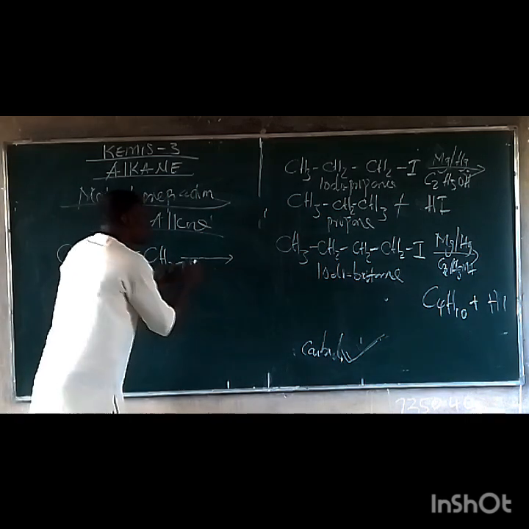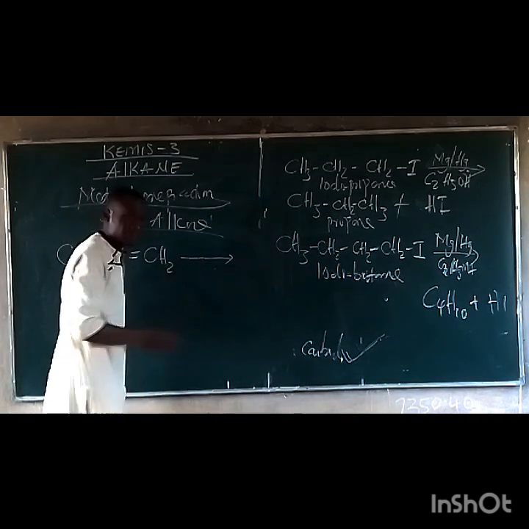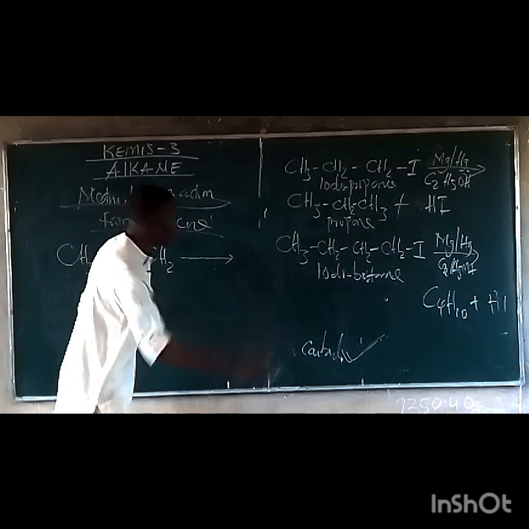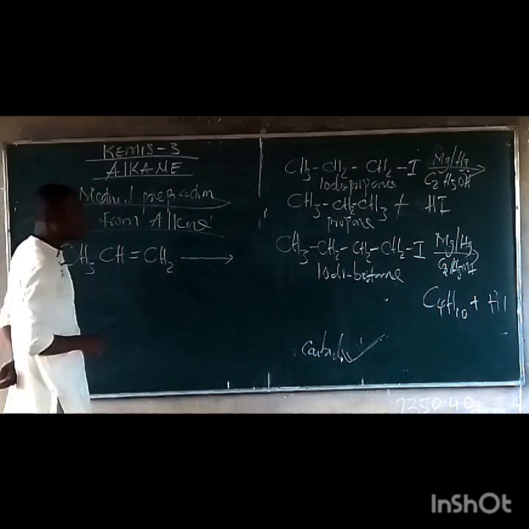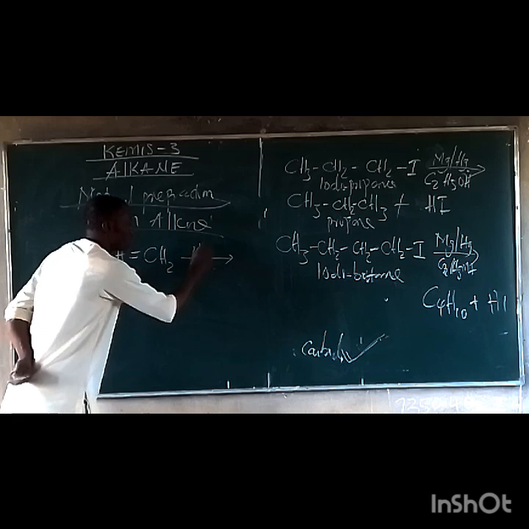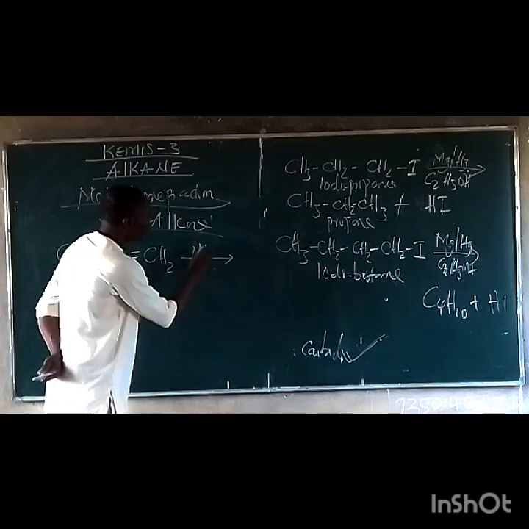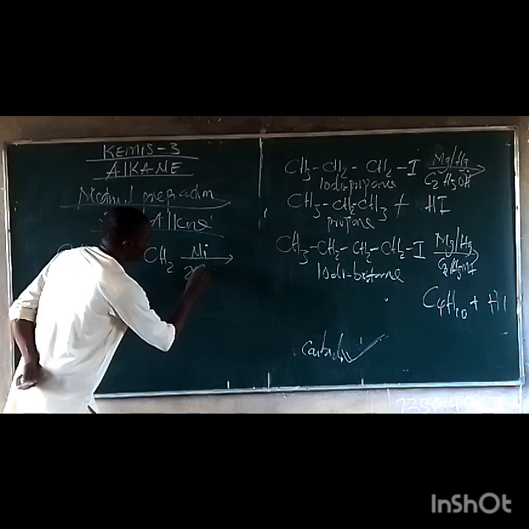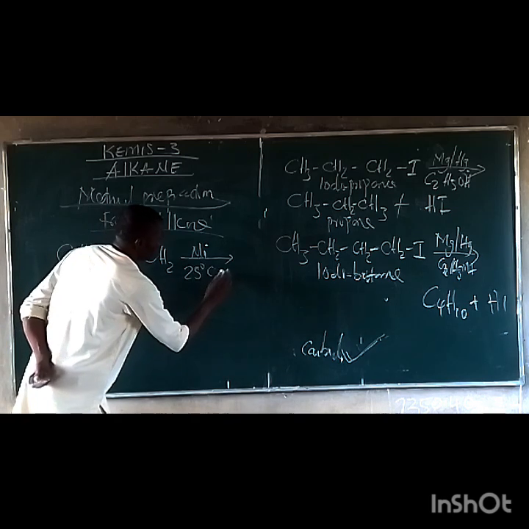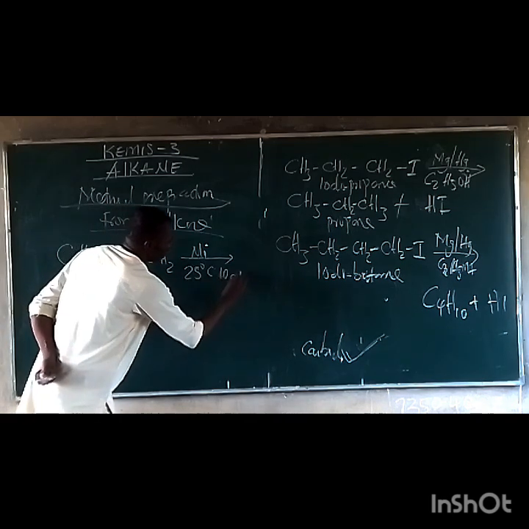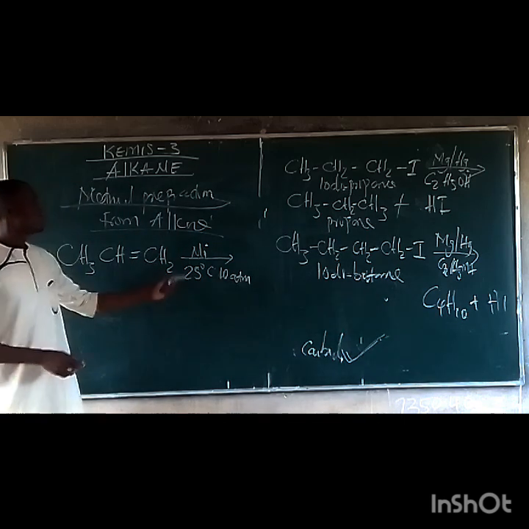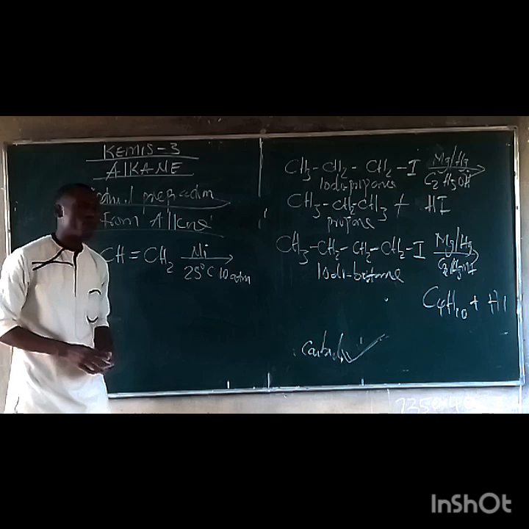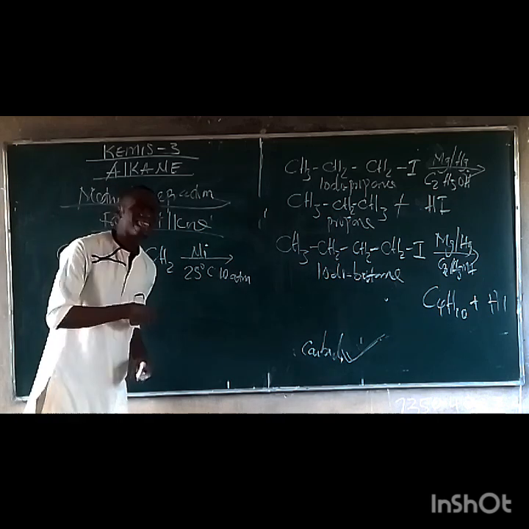You should pay attention to the catalyst that is used to promote the reaction. You need nickel, at about 25 degrees Celsius and at about 10 atm. This condition is important to promote the production of alkane from alkene.